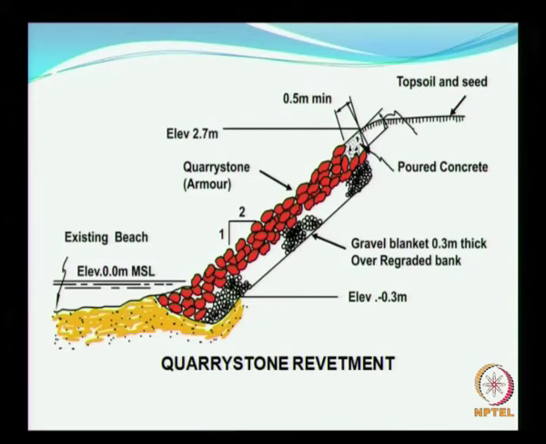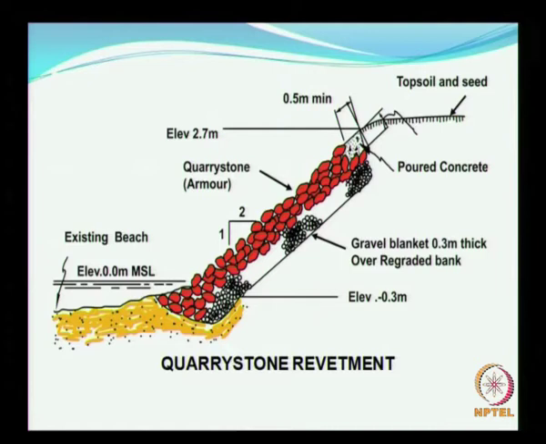So some of the problems here would be, suppose you do not properly take care of this, then during monsoons what can happen is, if this is not properly filled with some kind of a filter layer with stones, by applying geotextile.